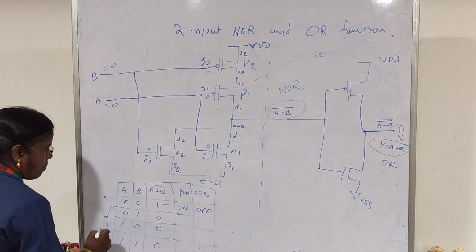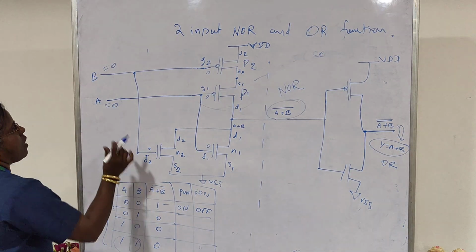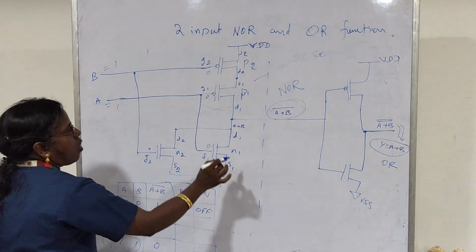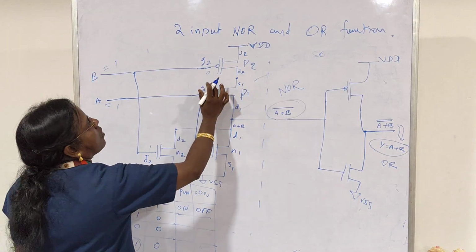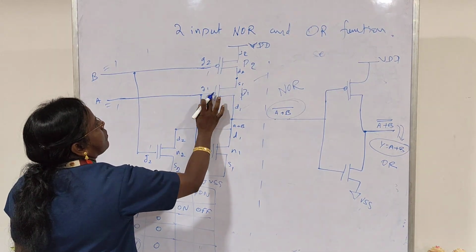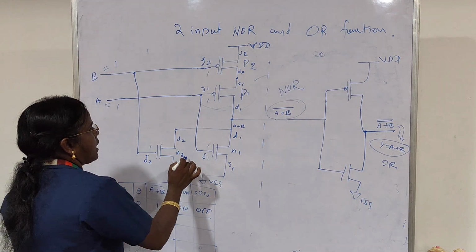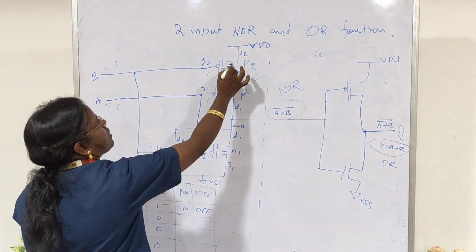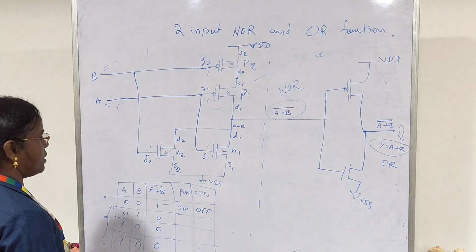Now if I take the logic 1 1, so A is 1, B is 1, all gate inputs will receive logic 1. Both NMOS transistors, N1 and N2, will be switched on. Both PMOS transistors will be switched off, so the pull-up network is deactivated.